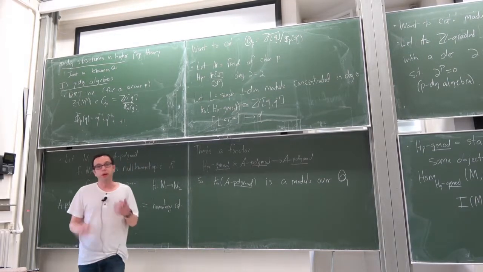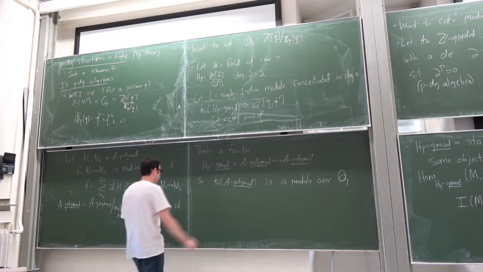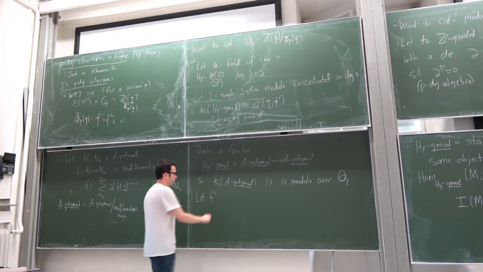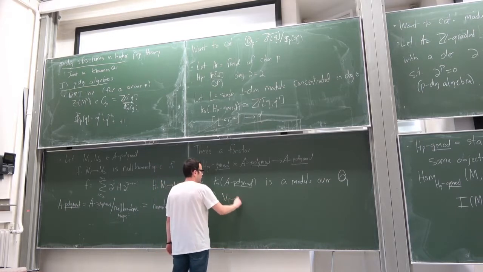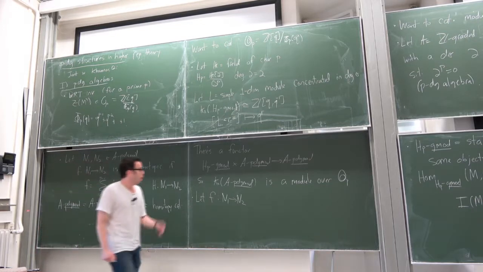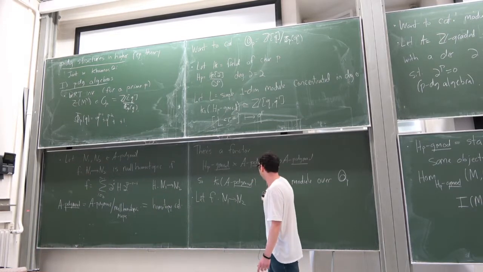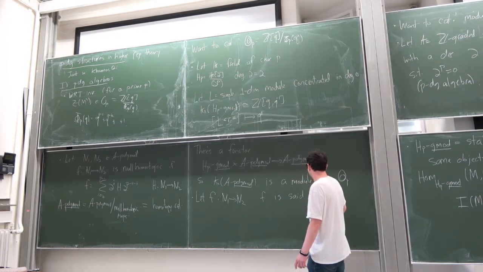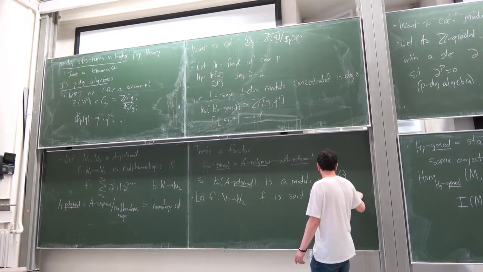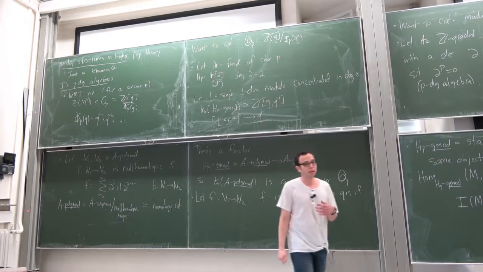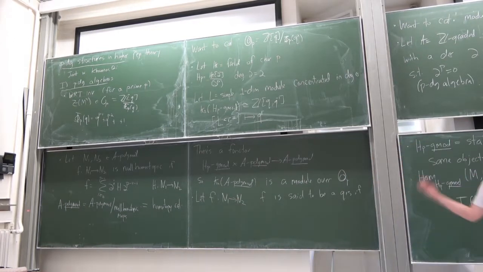And in practice, we have to make one further construction. So again, let f be a map from N1 to N2 between two PDG modules, A-PDG modules. f is said to be a quasi-isomorphism if, well, the fact that these are PDG modules over A means a couple of things. It means it's a module over A. It also has this d structure.